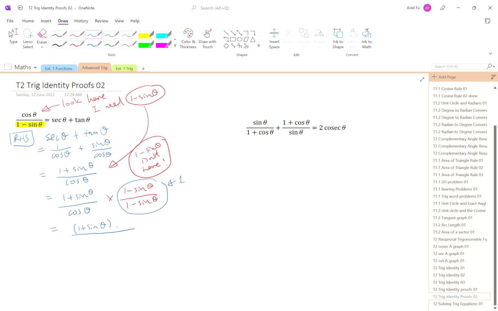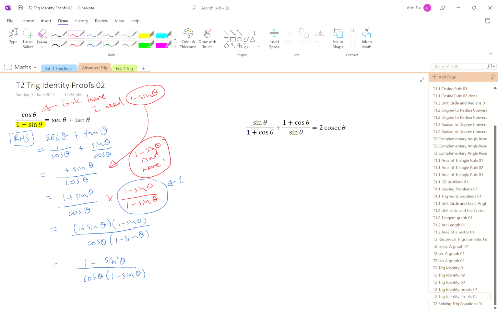Alright, so this becomes 1 minus sine theta all over cosine theta times 1 minus sine theta. Notice that in the denominator, I never really expand the brackets because chances are things are going to cancel out. On top, you get the difference of two squares, which is 1 minus sine squared theta, over cosine theta times 1 minus sine theta.